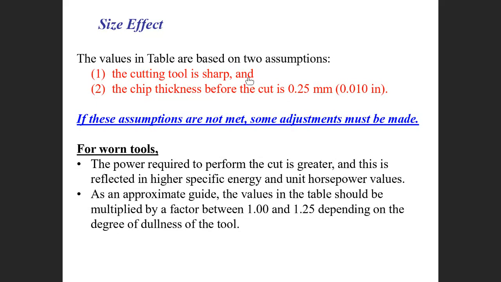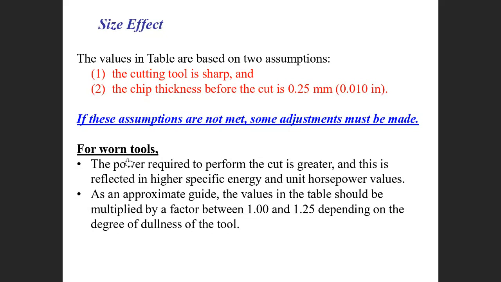It is totally new. We use a new tool to cut and calculate the specific power, with the chip thickness before cut, t0, up to 0.25. If it is bigger than 0.25, we shall consider some other approximation.